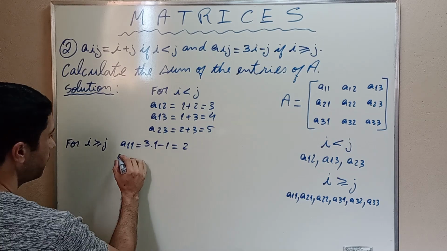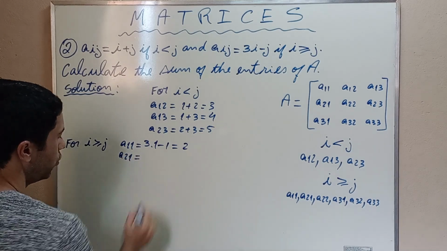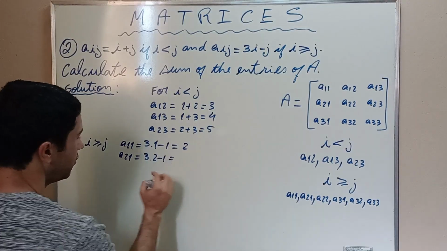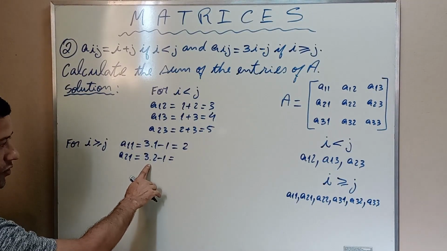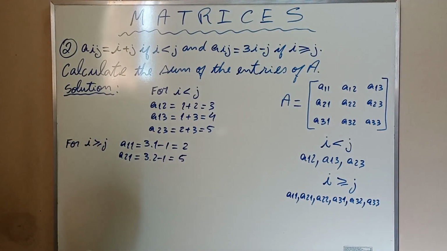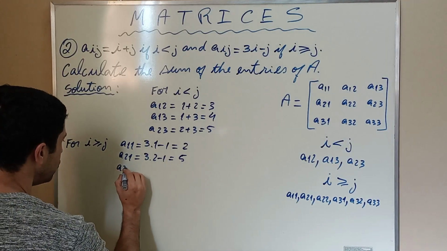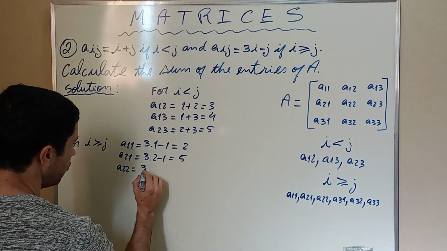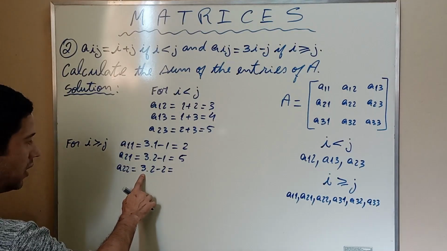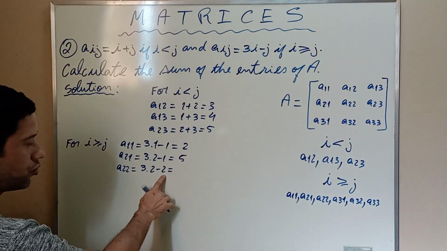The second one, A21, will be equal to 3 times 2 minus 1, and this is equal to 6 minus 1 is 5. The next, A22 will be equal to 3 times 2 minus 2, and this is equal to 6 minus 2 is 4.